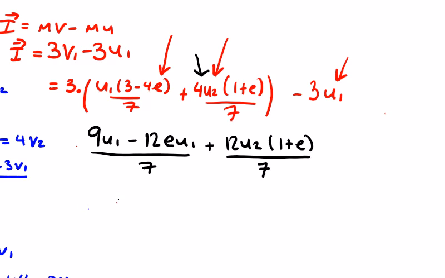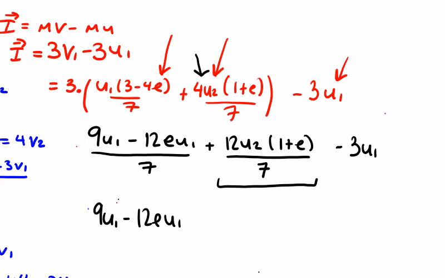And then I have minus this 3u1. So I think I might just leave this one alone for a minute and say that I've 9u1 minus 12eu1 over 7 minus 3u1 over 1.